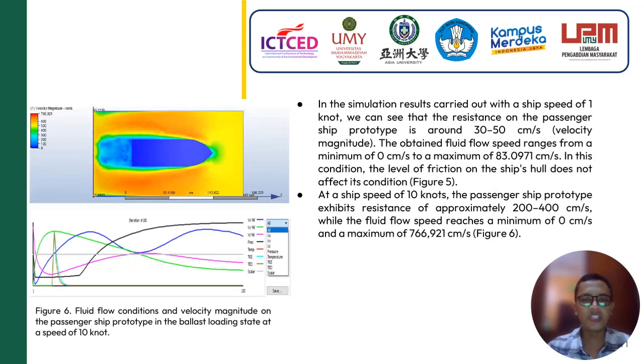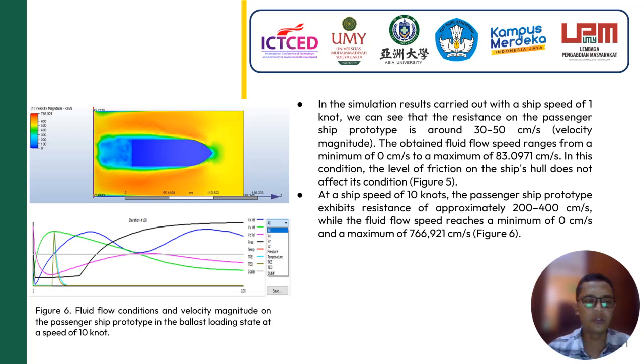In the simulation carried out with a ship speed of 1 knot, the resistance of the passenger ship prototype is around 30 to 50 centimeters per second. The fluid flow speed ranges from a minimum of 0 to a maximum of 83 centimeters per second. In this condition, the level of friction on the ship's hull doesn't affect its condition.